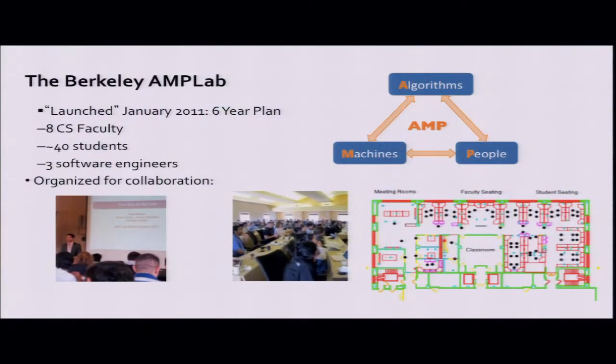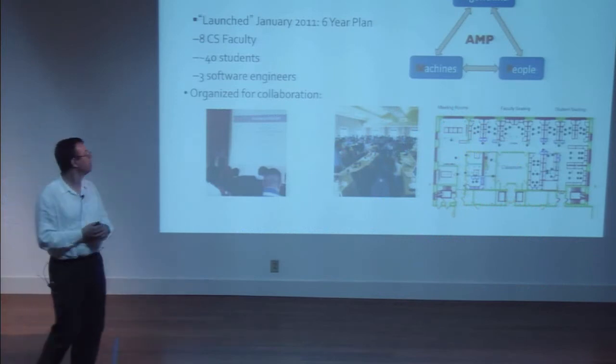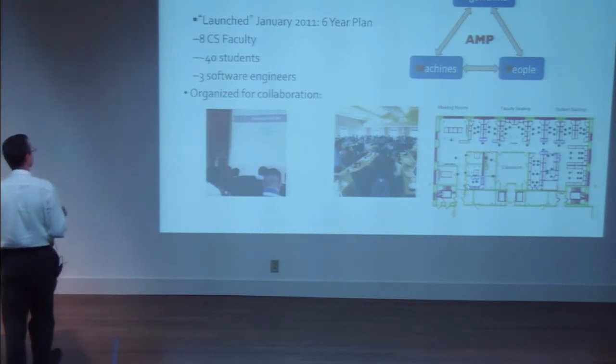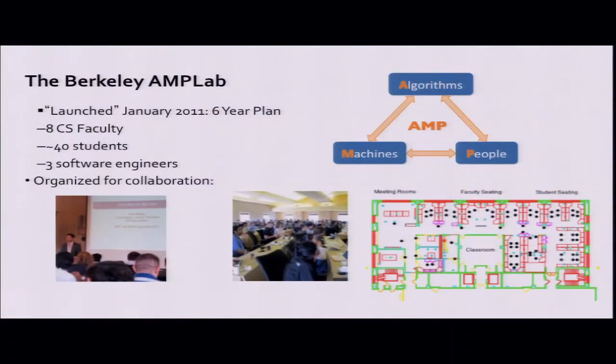All of this work is done in the AMPLab. The AMPLab was launched in January 2011. It's a 6-year plan. It's going to end in 2017. It consists of 8 computer science faculty, around 40 students, and we also have 3 software engineers. It's organized for collaboration. These are some images from meetups.